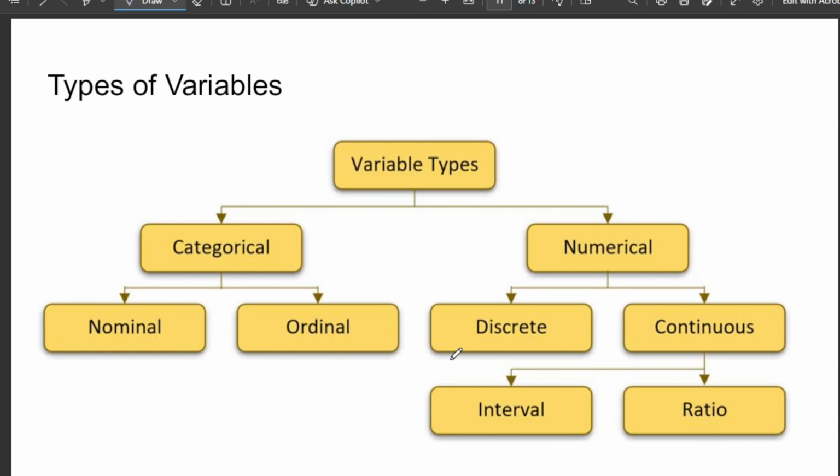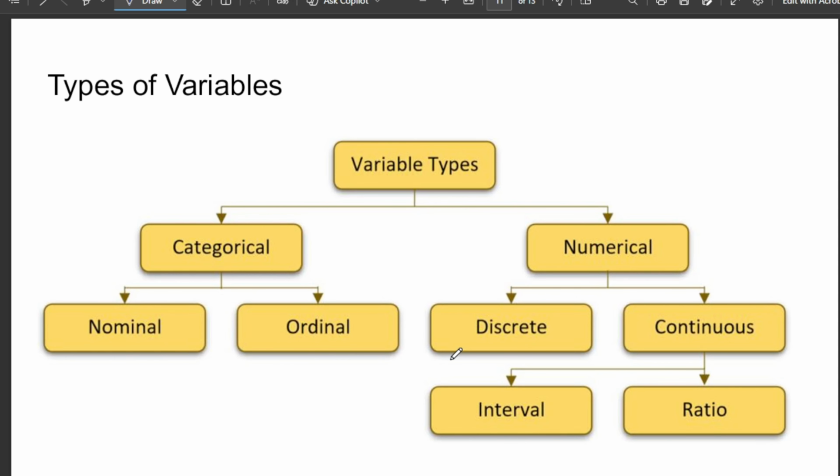Now we go to types of variables. There's categorical and numerical. Categorical is basically the same thing as qualitative, and numerical is quantitative.